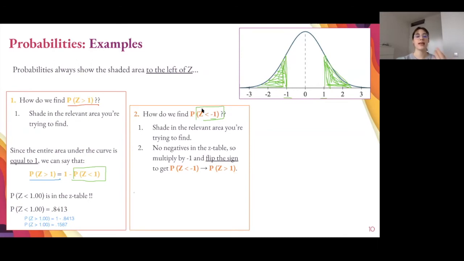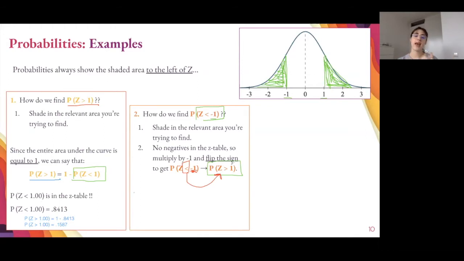So the probability that z is less than -1, that shaded area, is the exact same thing as saying the probability that z is greater than 1. And remember, whenever we need to get rid of a negative, we always need to change the inequality sign. As you can see here, the inequality sign went from a less than to a greater than sign whenever we multiply this -1 by -1 to make it positive.